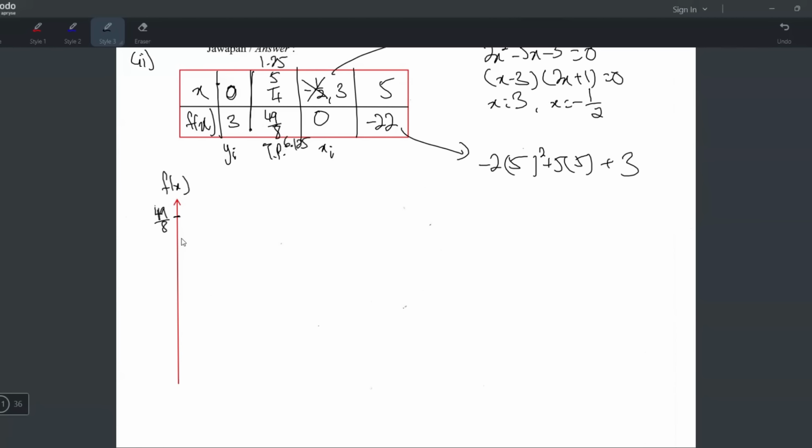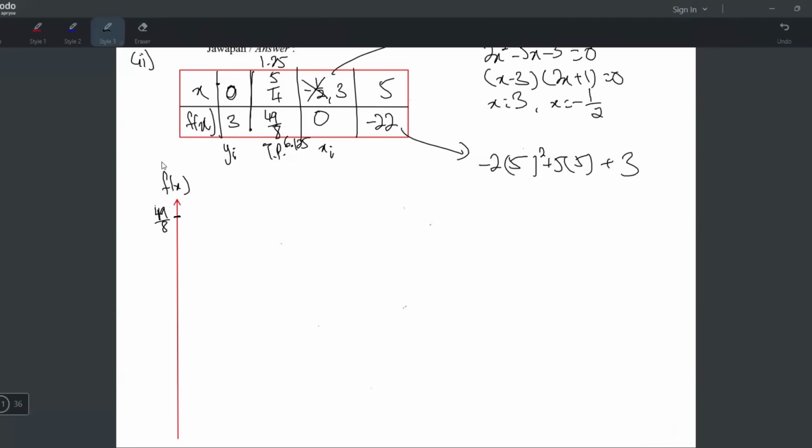So let's do like 5, 4, 3, 2, 1, 0. But if I go like that, later I have to go until -22, right? So I don't think this is a good idea. Because -22 is very far down, right? So what you can do is extend it a bit.